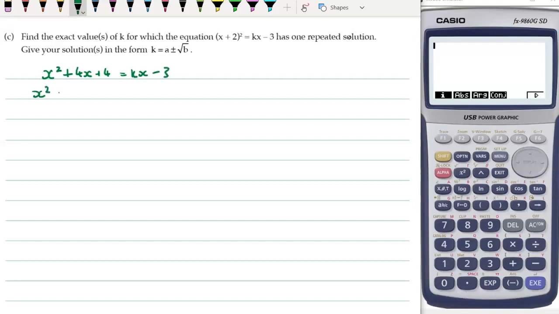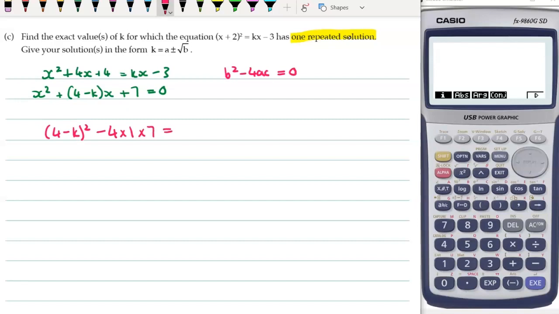So then x squared plus (4 minus k) will be the coefficient for the x, and then 4 plus 3 for the constant, like this. Then we're looking for one repeated solution, which means that the discriminant has to be equal to 0. So then the discriminant on this one, b squared, that's (4 minus k) squared, minus 4 times 1 times 7, has to be equal to 0.